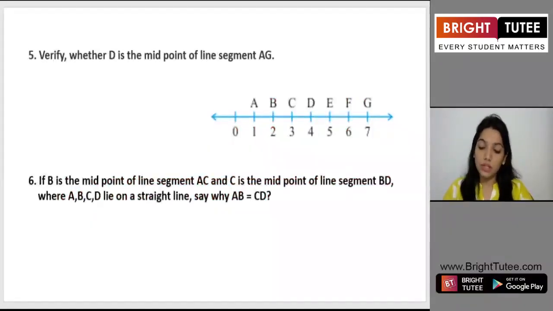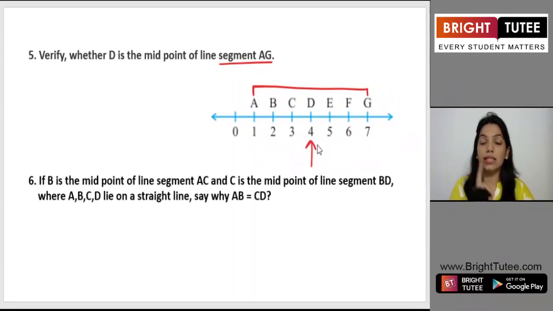Here we need to verify whether D is the midpoint of the given line segment AG. So look at this clearly. What line segment are we talking about? We are talking about line segment from point A to point G. Okay, and we need to verify if D is the midpoint. It is lying exactly in the halfway of the whole line segment, right?